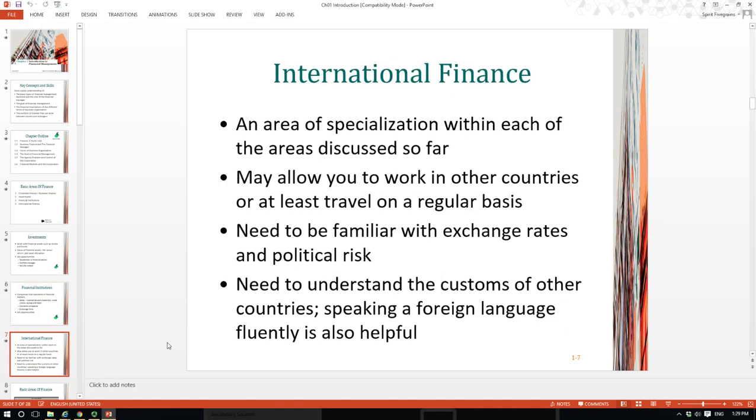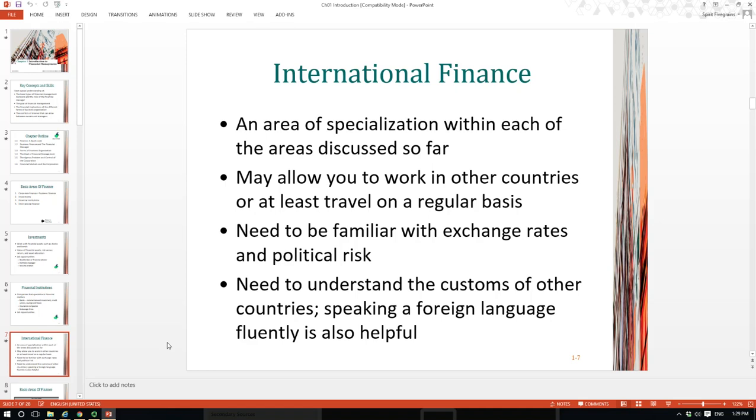And the fourth area is international finance, where people specialize within each of the areas discussed so far. You may be allowed to work in other countries on a regular basis, and you would expect a lot of international travel.